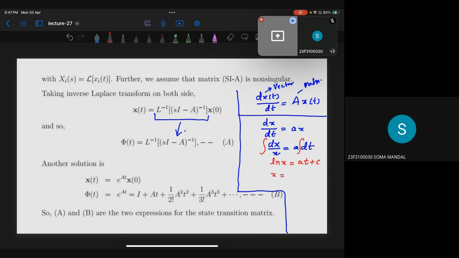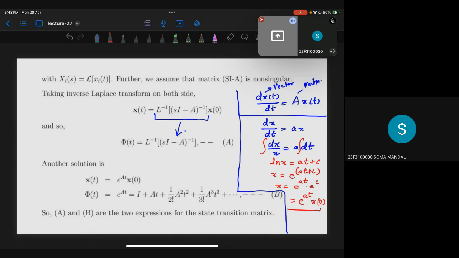What is x? e power at plus c, which is e power at multiplied by e power c, which is x of 0. So x is e power at times x of 0. Am I correct? This is how you find the solution in maths.